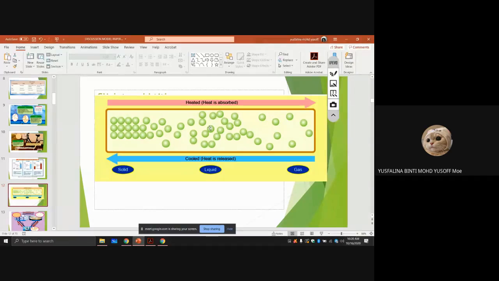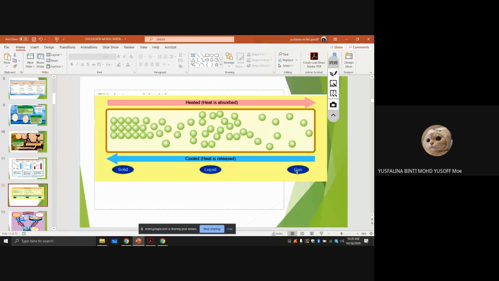And then for water to gas, water to water vapor, from liquid to gas, you have to heat up the water, so it absorbs the heat. It will become gas after that, so heat is absorbed, and you can see the arrangement also becomes further apart.